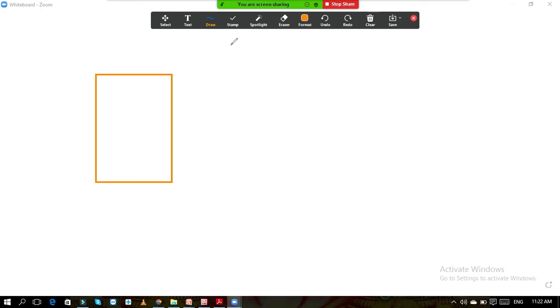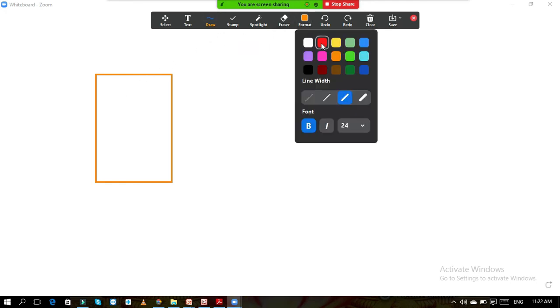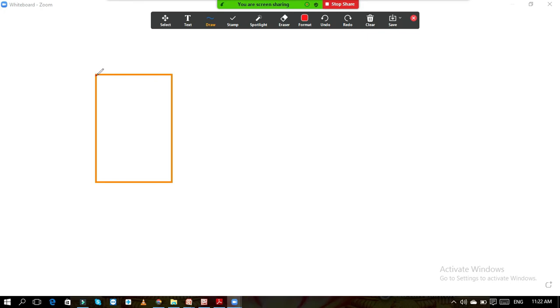Now, if I want to draw the loading diagram of this slab on the different beams, then the load transfer to the beam is in this way. This is the load transfer.